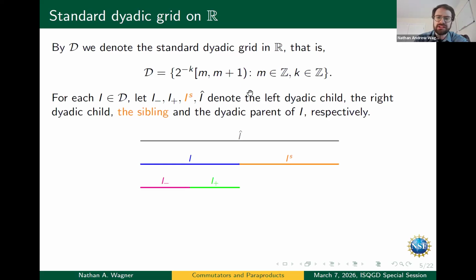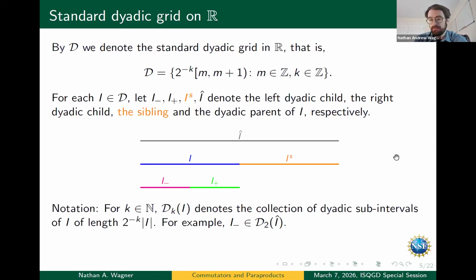And some additional notation: if we have a dyadic interval I, which is colored here in blue, the two dyadic children of I are denoted I minus and I plus, so those are the pink and green intervals respectively. The dyadic sibling of I is what's in orange here, and it's denoted I^S. And the dyadic parent of I is denoted with I hat, and that's this gray interval sitting up top here.